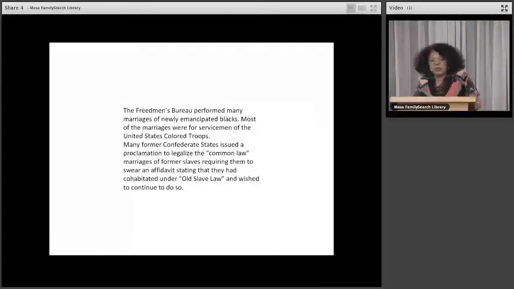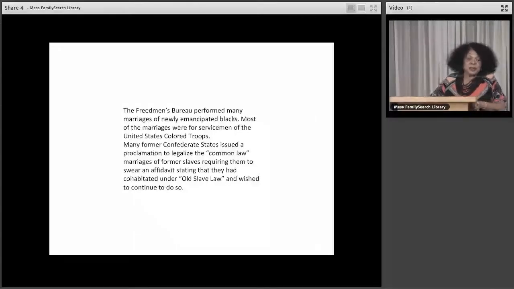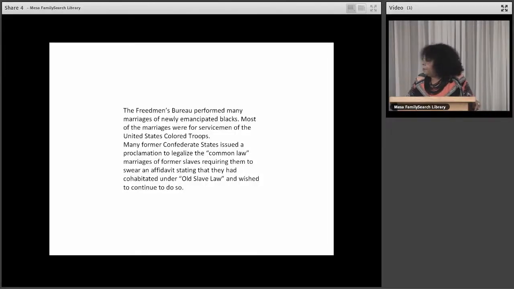The Freedmen's Bureau, as I said, set up banks, schools, and they also performed marriages for the freedmen. Many of the former Confederate states issued a proclamation to legitimize the common law marriages of former slaves, and they required them to come in, swear an affidavit stating that they had cohabitated under old slave law and wished to continue to do so.